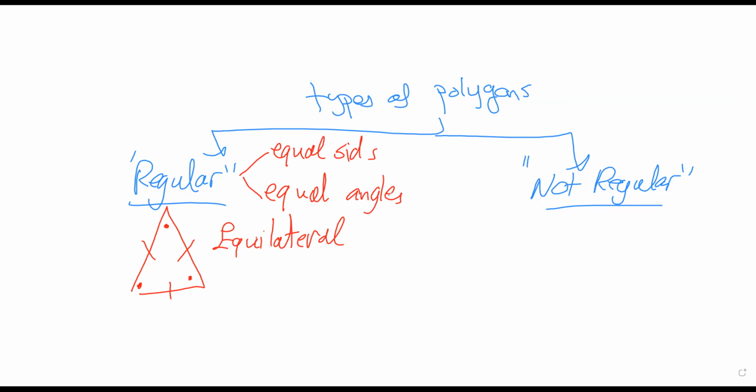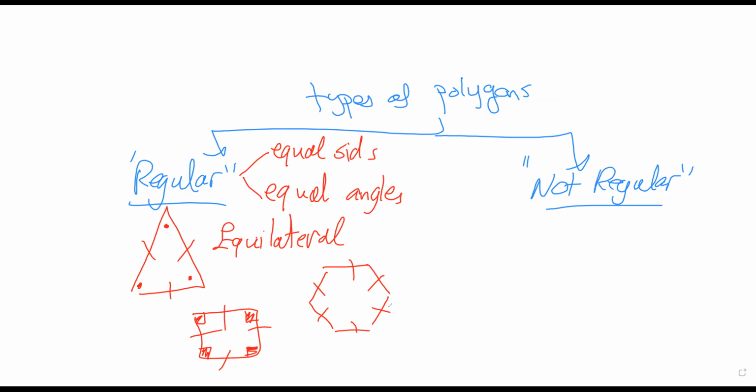For example, an equilateral triangle. Another example, a square. A square is a four-sided shape in which all the sides are equal and all the angles are 90 degrees. We can also have a regular hexagon. Totally normal: all the sides are equal and all the angles are equal as well.